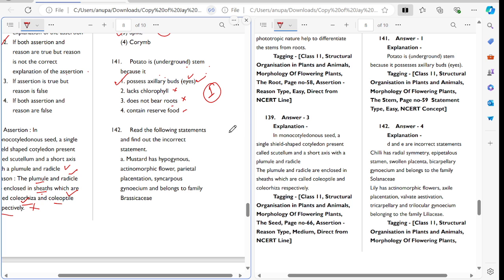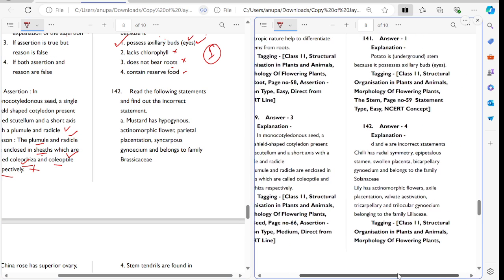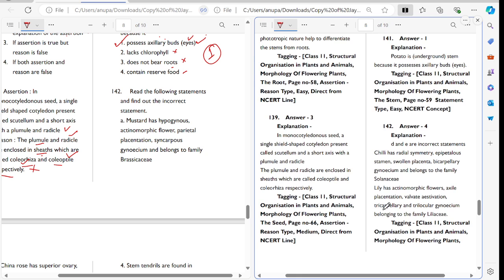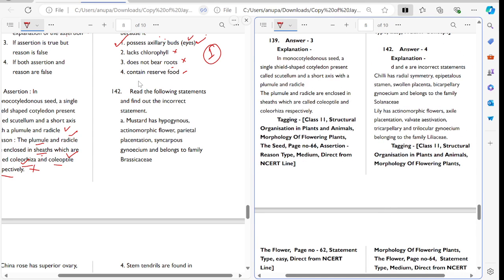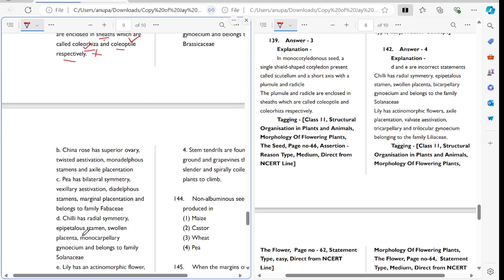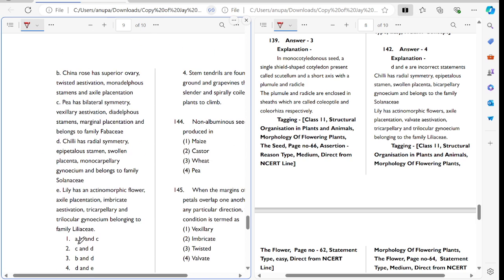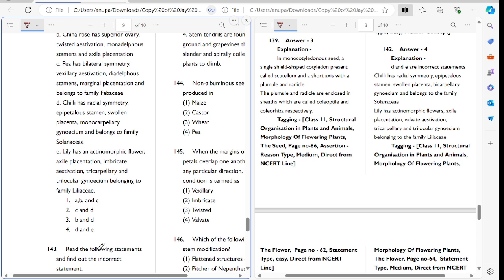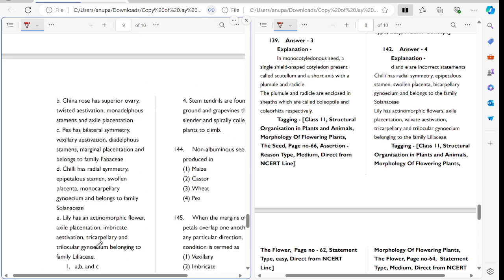Now let's move to the next question, that is question number 142. Question number 142 states: read the following statements and find out the incorrect statement. Here again a few statements are given. Statements A, B, C, D and E are given and some options are also given, and we have to find out which option is correct.